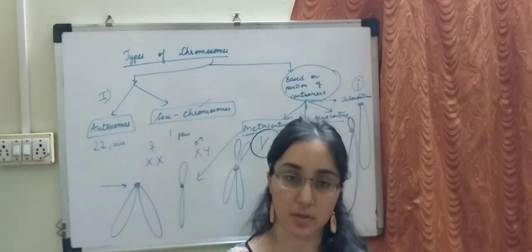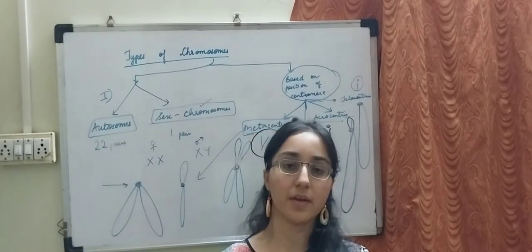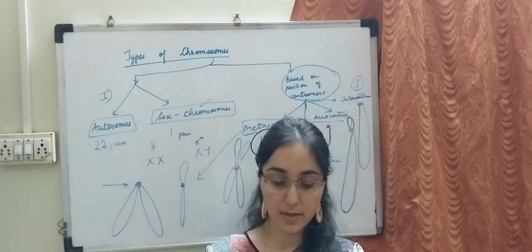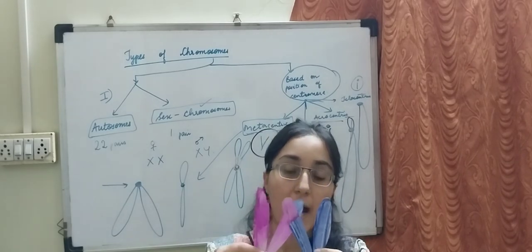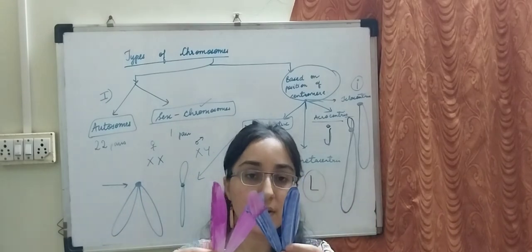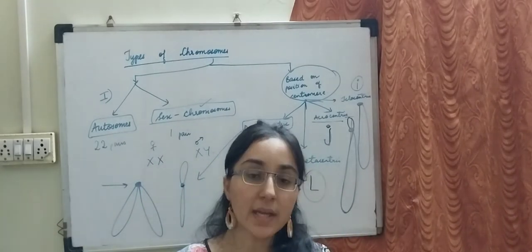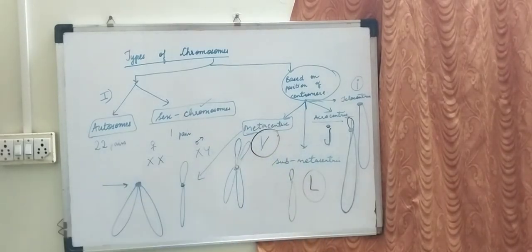During cell division, if there is homologous pairing, homologous chromosomes are attached like this. Then at anaphase 1 they will segregate, they will separate. During anaphase 2 of meiosis 2, what will happen?